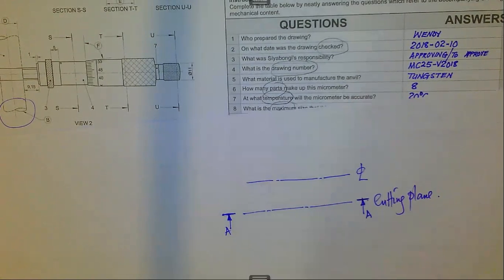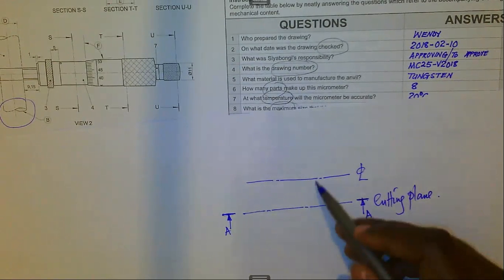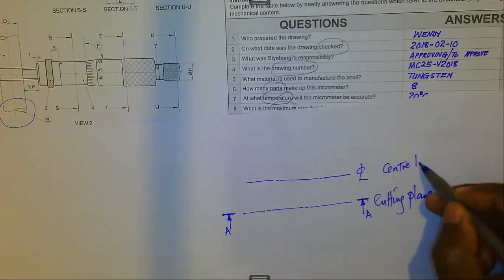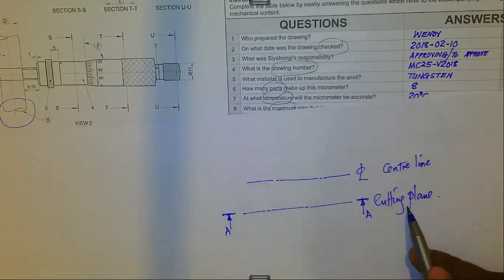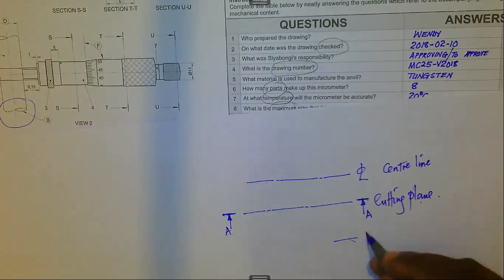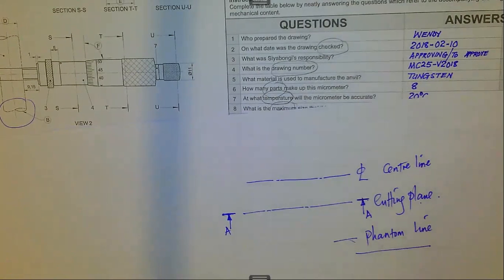So two uses of the chain line are the center line and the cutting plane. Also, it's about the phantom line. Remember, we explained the concept of a phantom line, which represents information, especially with regards to movement or placement of something which is not there, but which could be in that position as well.